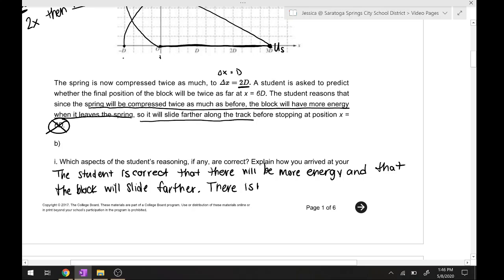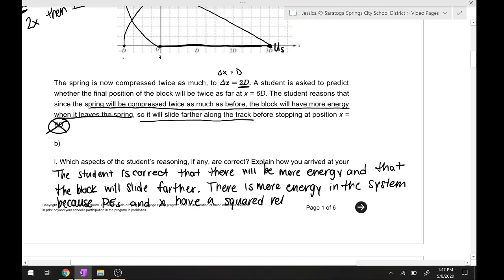There is more energy in the system because spring potential energy and x have a squared relationship.